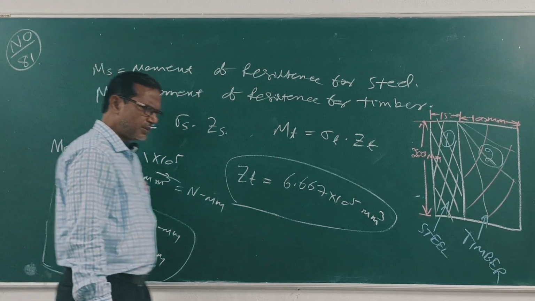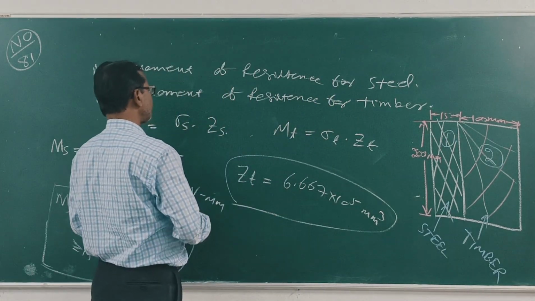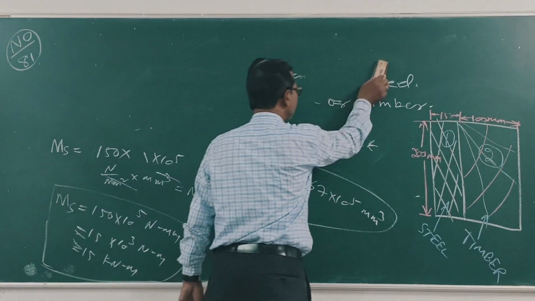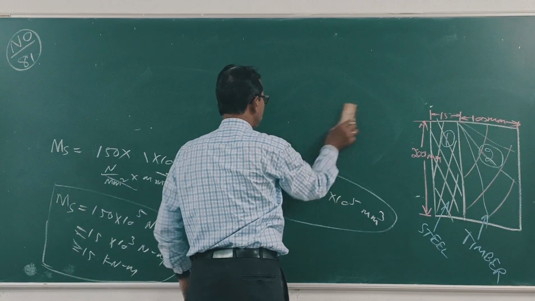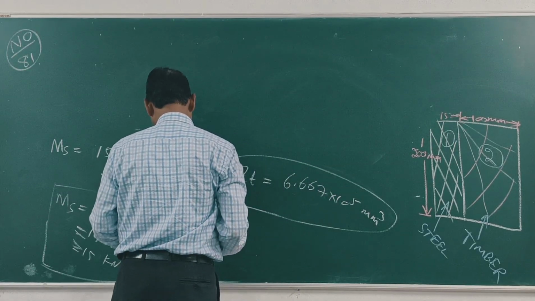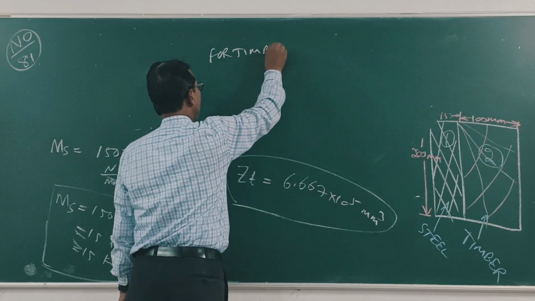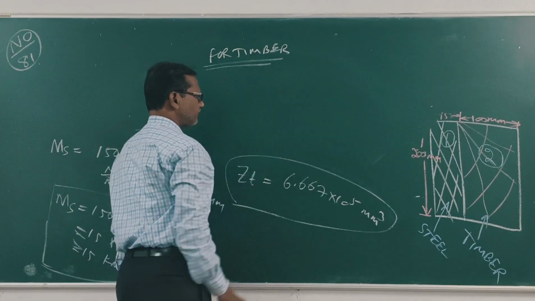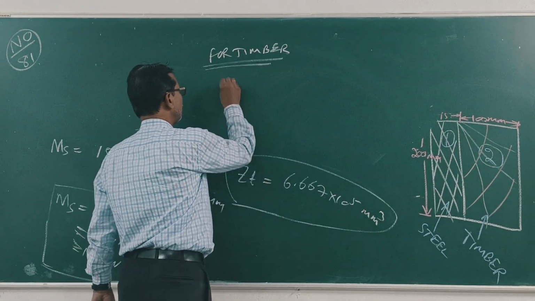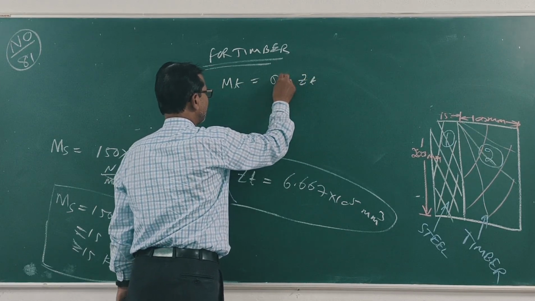Clear? So for timber, MT is equal to sigma t into Zt.